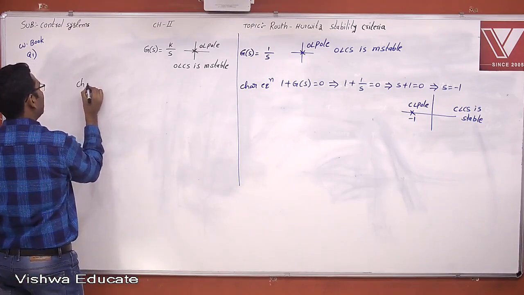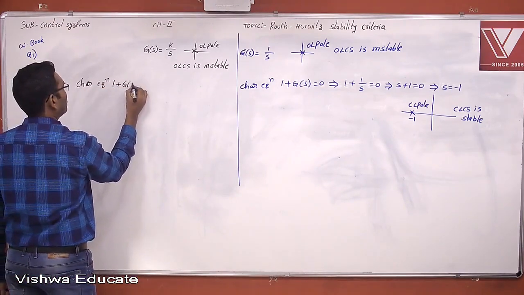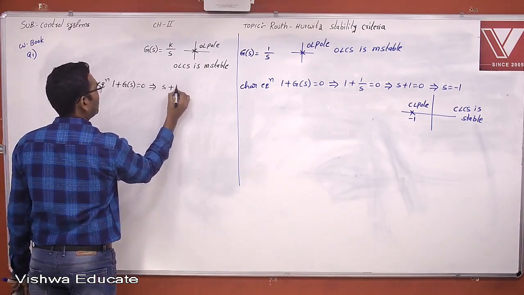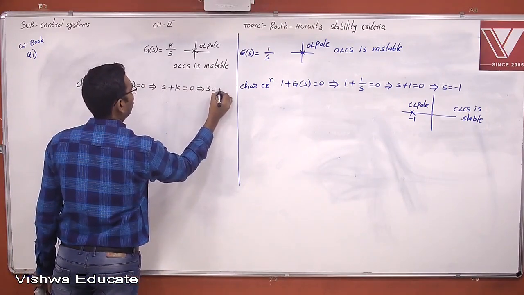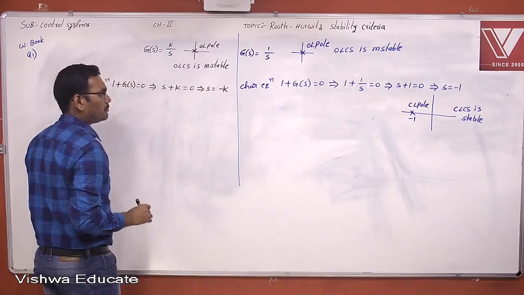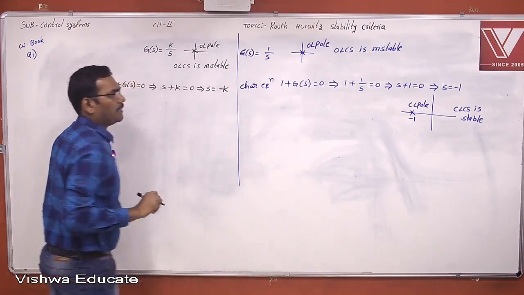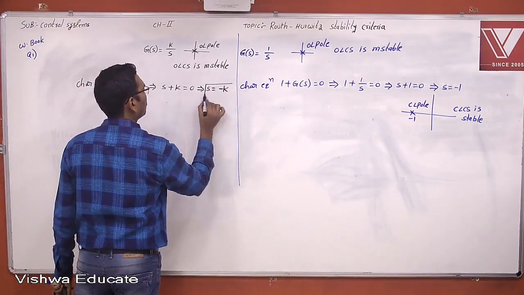Now find the characteristic equation. The characteristic equation 1 plus G of s equal to 0. Therefore s plus k equal to 0. Therefore s equal to minus k. Am I not? Now this is the closed loop pole.